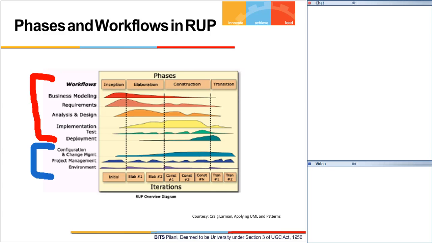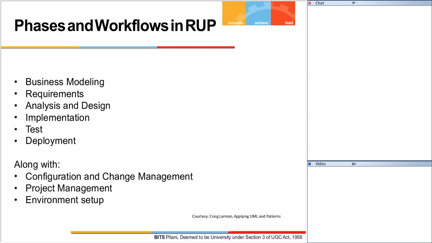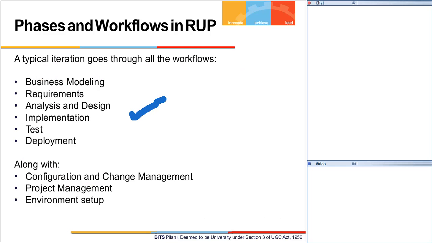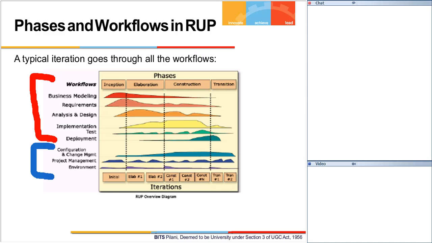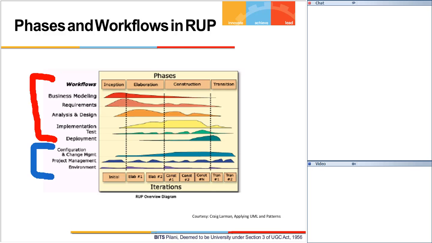So whether you are in the requirement phase or the construction phase, configuration management is something that is essential to be executed, right? So this I have in the next slide. So apart from the typical workflow activities, there are also activities like configuration and change management, project management, and environment setup, which are executed during the various phases of the unified process, right?